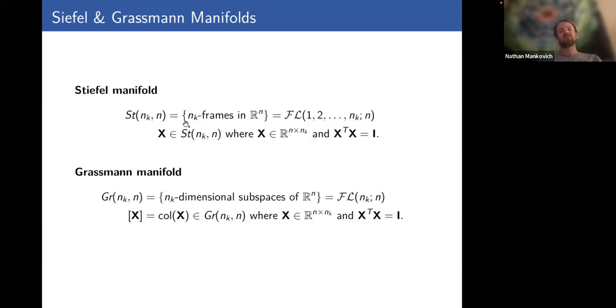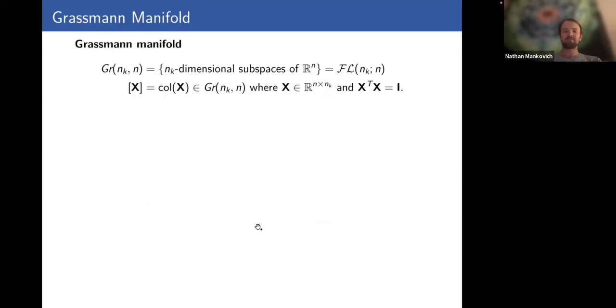But anyways, what you do is you take a point on the Stiefel manifold and you look at its column space, and that gives you a subspace. So for the Stiefel manifold we talk about frames, for the Grassmann manifold we talk about subspaces.